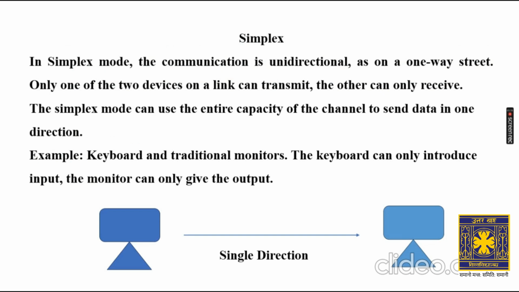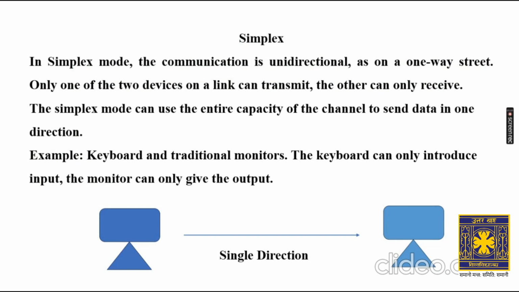In simplex mode of communication, the communication is unidirectional. That means the data or information travels in only one direction. You can take an example of a one-way street where vehicles are allowed to pass in only one direction.